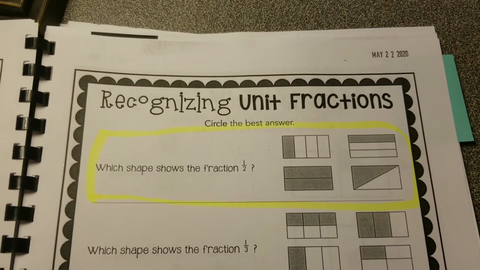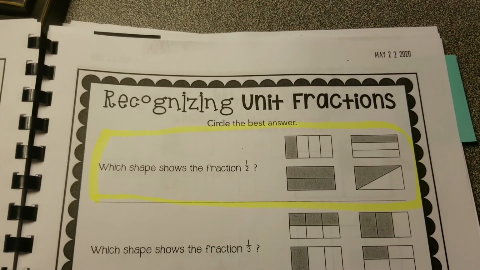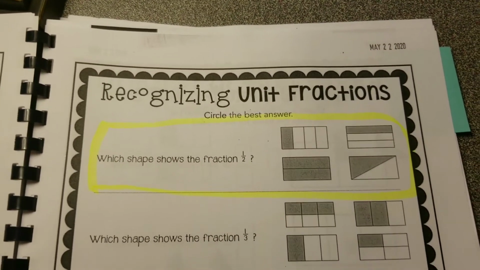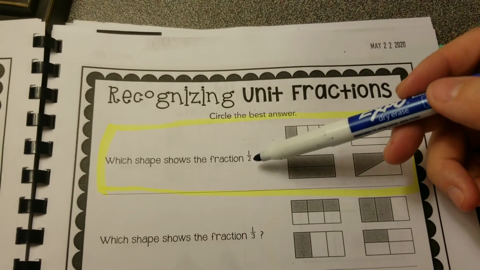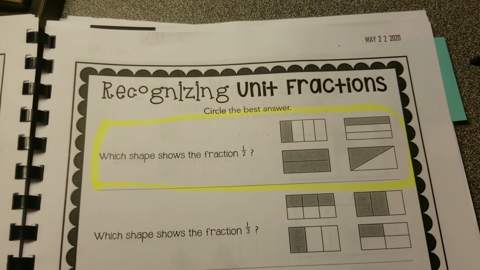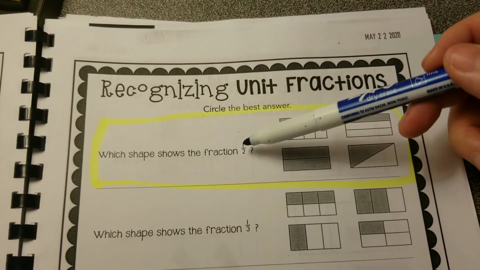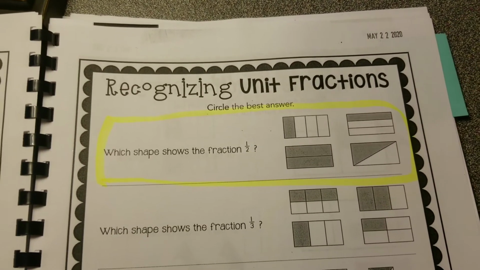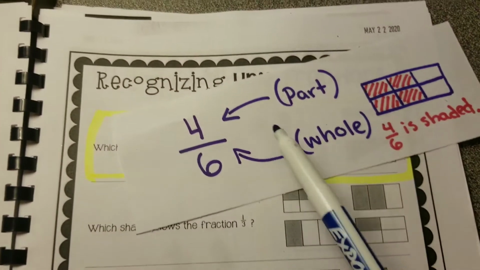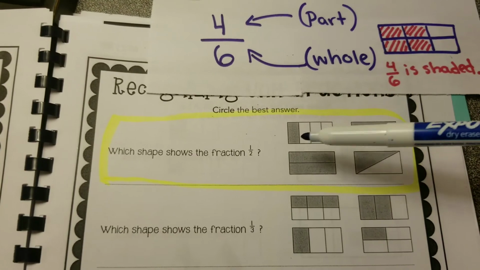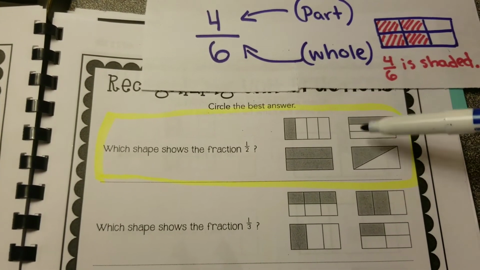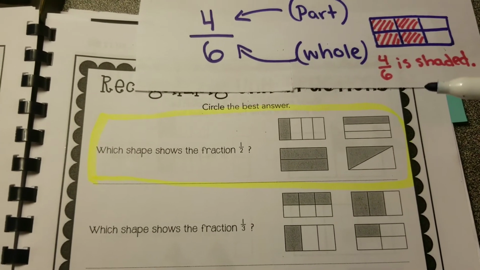Which shape shows the fraction 1/2, or half? So one of these shapes represent this fraction. Well, we know there's 1 piece, 1 part that is colored in. So which one of these has one part? Oh, well, these three have one part. So it's got to be one of those.